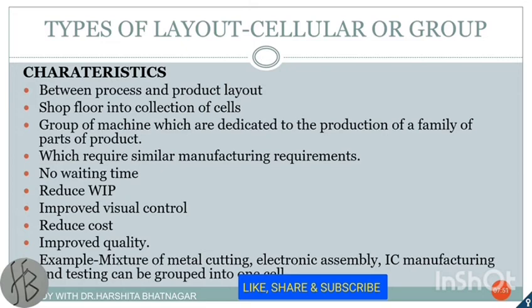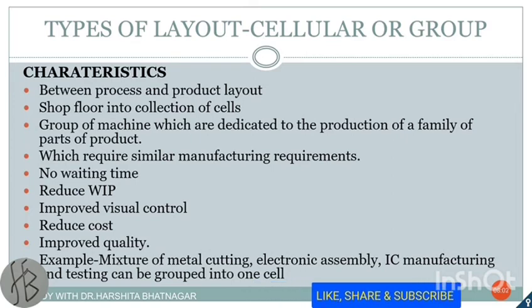No waiting time, WIP is reduced, visual control is improved, cost is reduced here, improved quality. Example, a mixture of metal cutting, electronic assembly, IC manufacturing and testing can be grouped into one cell.